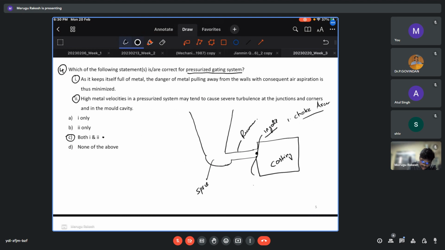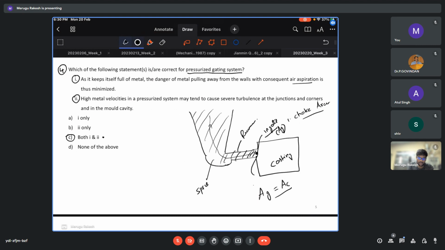This ingate area, that is the gate area, designated as AG, will be the choke area. That means it is the smallest area, which controls the volume flow rate. Hence, if this is the smallest, we can ensure that all this part will be full, because that is the controlling factor. So there will be no air aspiration effect since everything is completely filled.